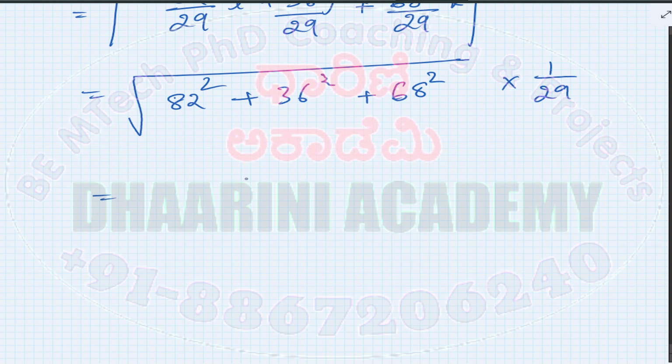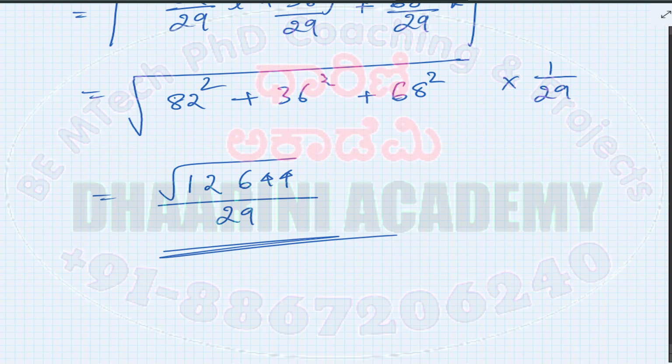This means the root of 12644 by 29. Okay, this is the answer. We can simplify and get a much simpler answer, but anyway, this is the final answer.